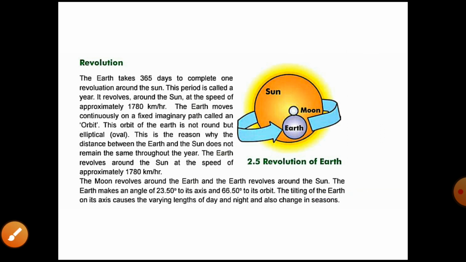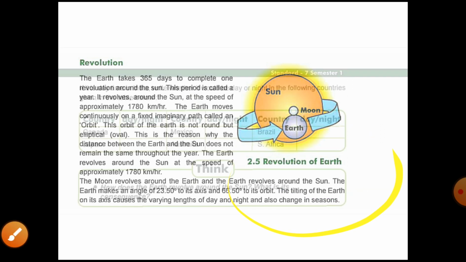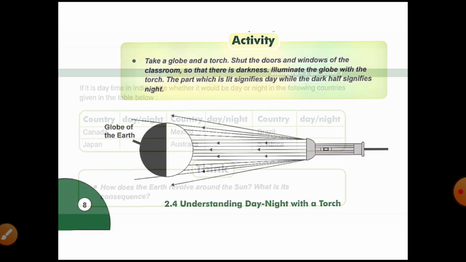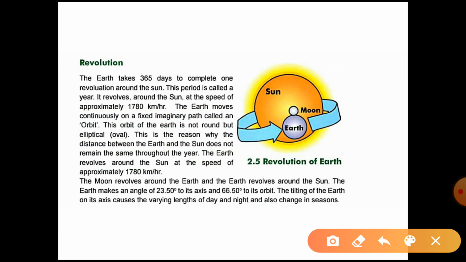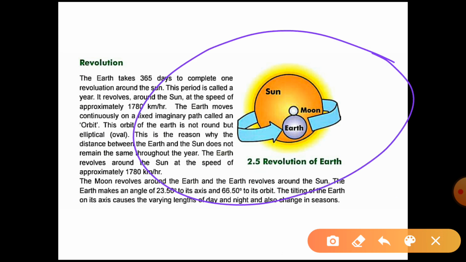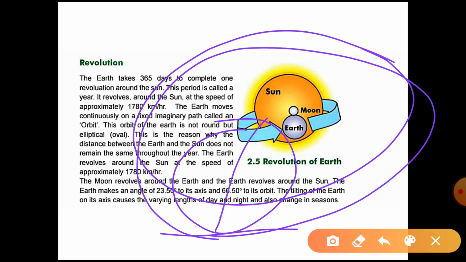So this one is the orbit, and here is the earth, and this one is the axis. With this axis it will make a 66.5 degree angle.